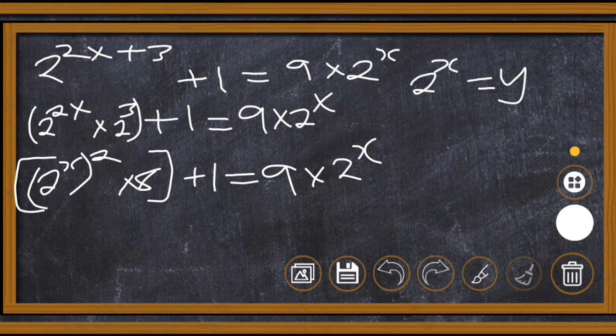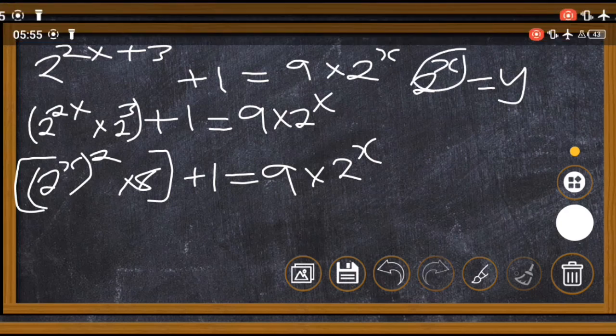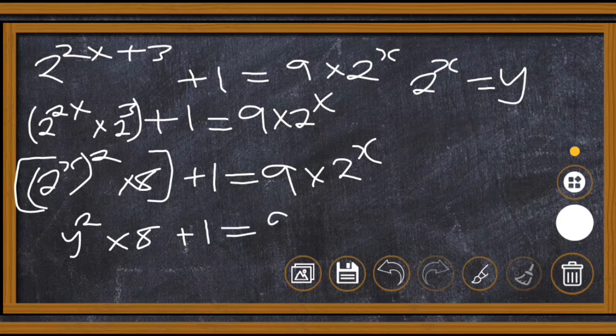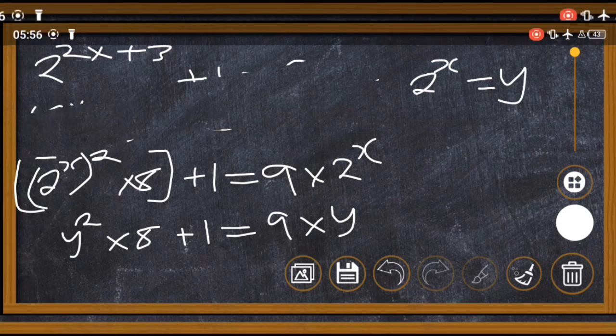So whenever there is 2 power x, we are going to replace it with y. So when we replace here with y, we're going to have y power 2 multiplied by 8, and then here we have plus 1 equals to 9 multiplied by, where there is 2 power x, it's y. We're going to need it later when we simplify that.